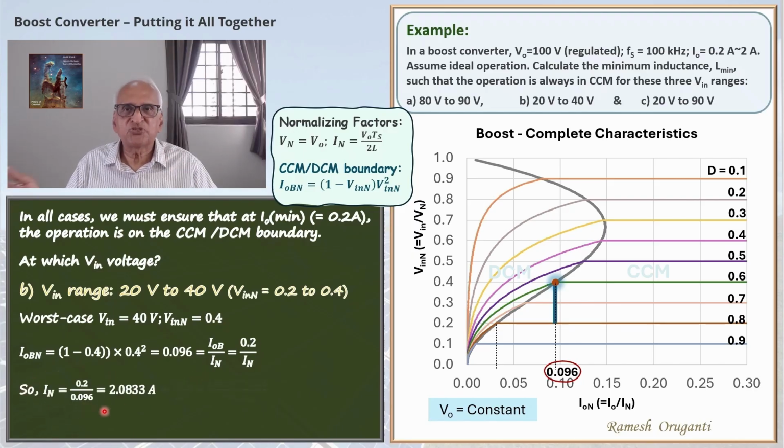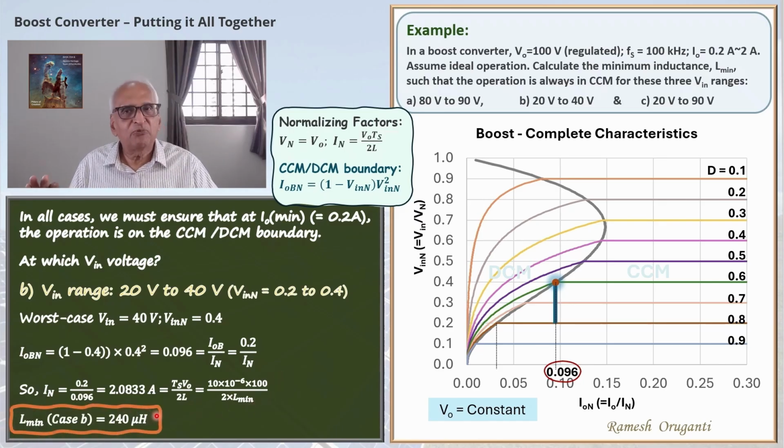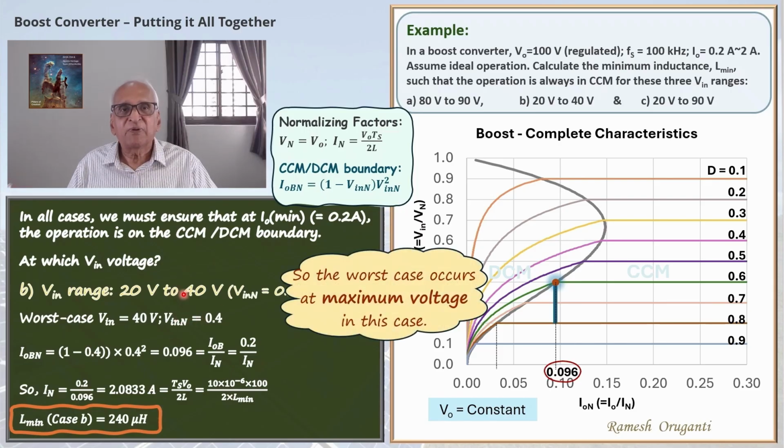And IN is of course TS V0 by 2L. Once again we can calculate the value of L, and that is 240 microhenry, lower than before. But the critical thing here is that the worst case voltage here is not the minimum voltage, it is the maximum voltage. In case A, the worst case was at 80 volts, which is the minimum voltage. Here it is at the maximum voltage.